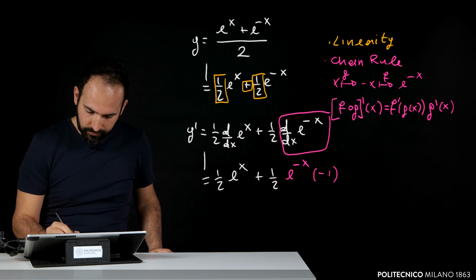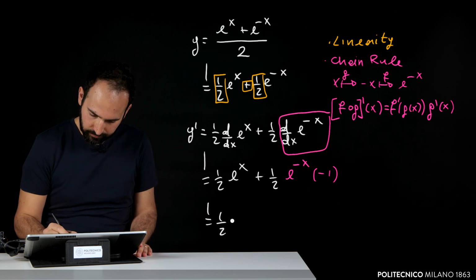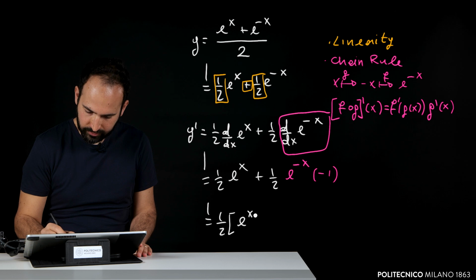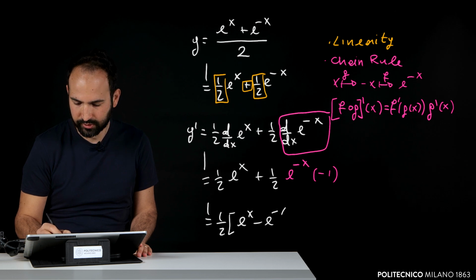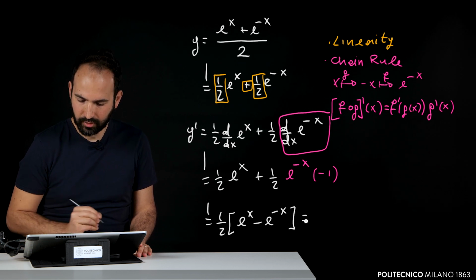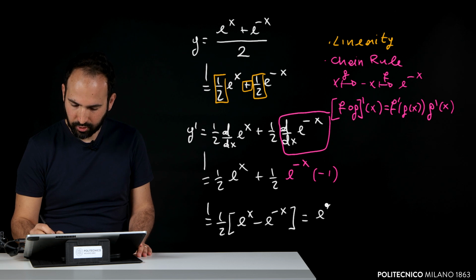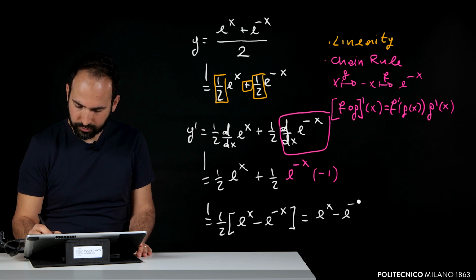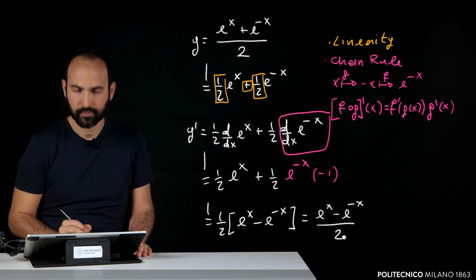So we obtain 1/2 times exponential of x minus exponential of minus x. In other words, exponential of x minus exponential of minus x, divided by 2.